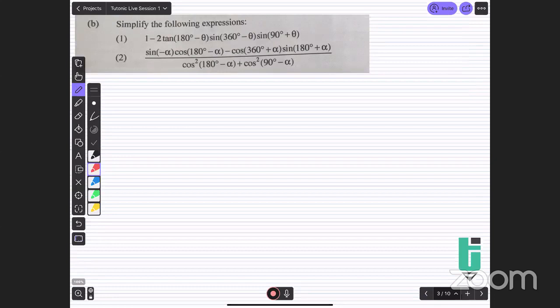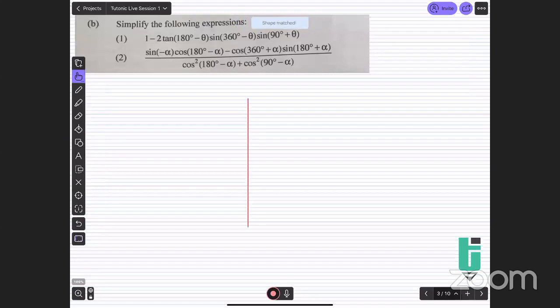Okay. So just a reminder about the CAST diagram. What did we say? What acronym do you guys use for the CAST diagram? All stations to Claremont. Yeah, but there's no Claremont in Joburg now.